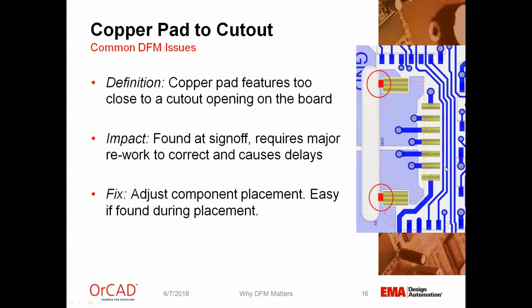It's going to take some rerouting and major rework to fix this problem, because this part now has to move, and there's a lot of other parts and routing that are affected. So this could cause a major delay. We would look for this kind of error up front while we're doing placement, and we can do that now.